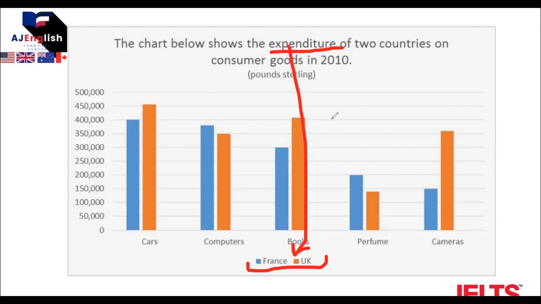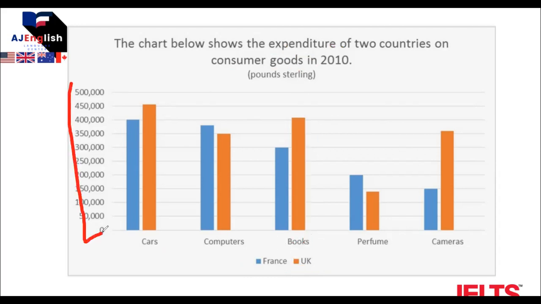And then you look over here, you can see how it is being measured. This is pounds, British pounds, and it is in thousands, starting at 50,000, 100,000, and so on.